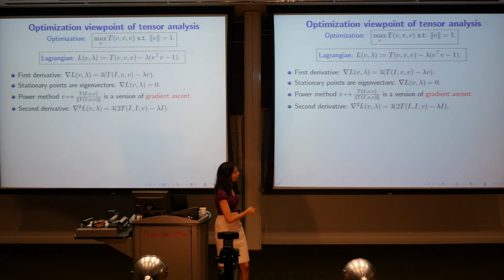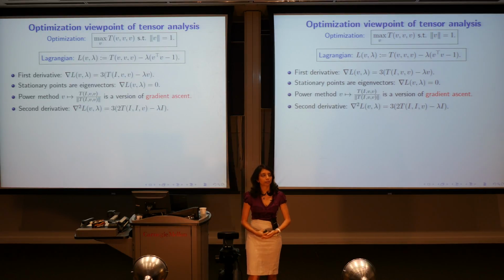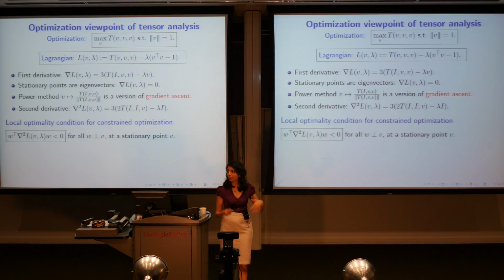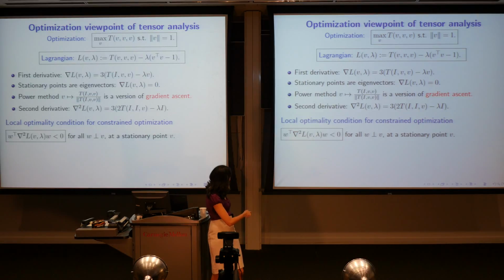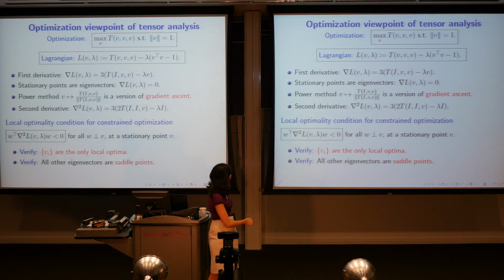But now, in order to ask what the local optimizers are, I have to do the second derivative. And it's exactly the same optimality condition. This is the general condition for any constrained optimization. If you were to verify this condition, you can check this. It turns out that the only local optima are just these v_i, meaning they are the components of my decomposition.